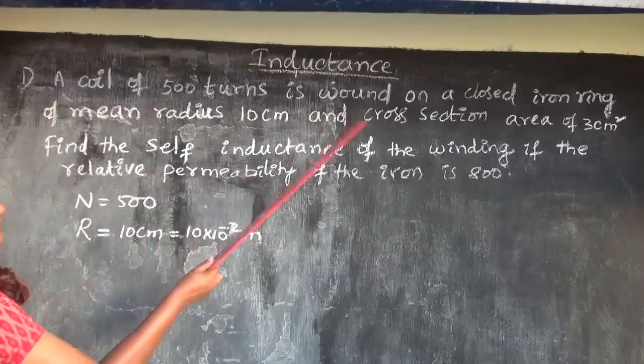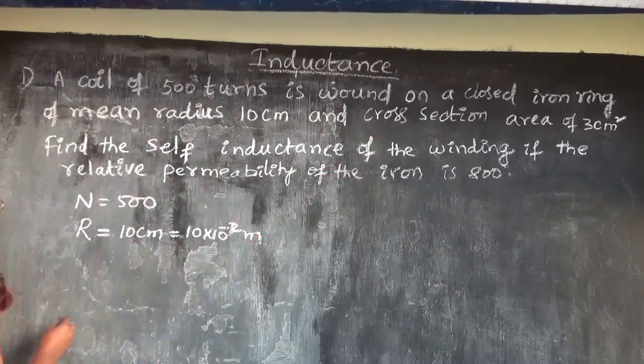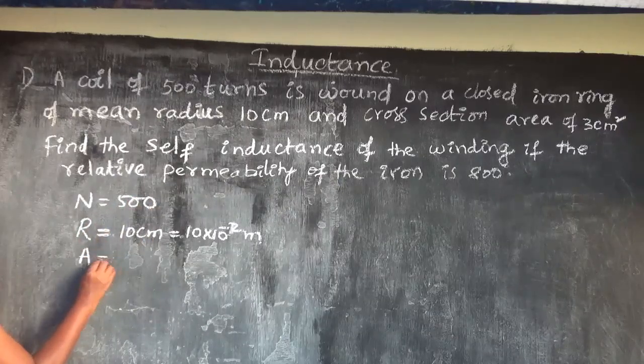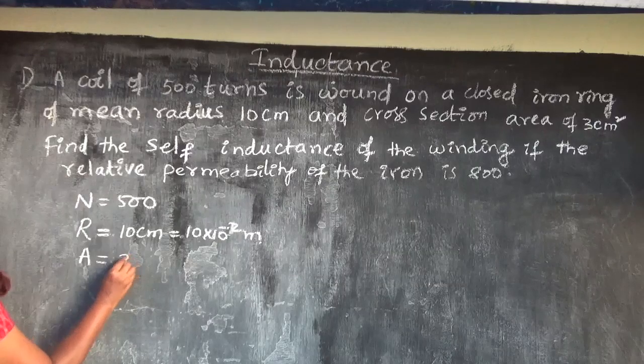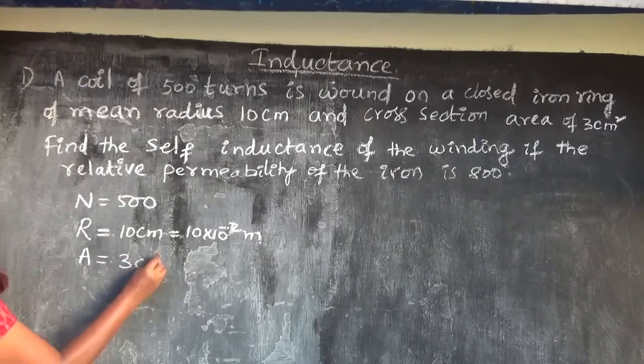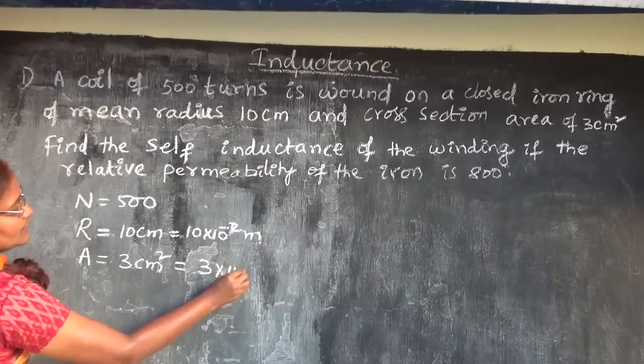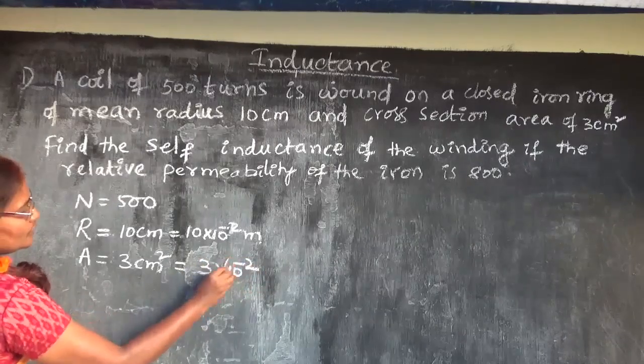Next, the cross section area is also given, that A is equal to 3 centimeter square, which is nothing but 3 into 10 to the power of minus 2 whole square.